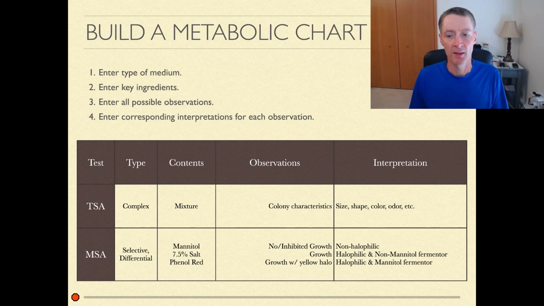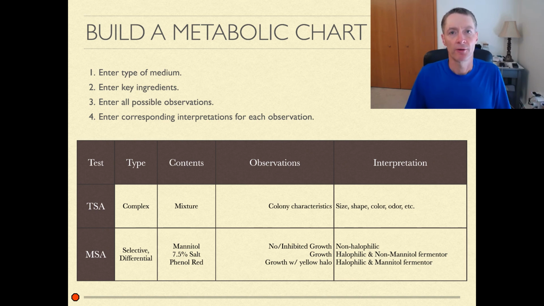But it is not fermenting the mannitol that happens to be in that plate. And the last thing is we could have growth with a yellow halo. This would indicate that there was a halophilic organism. It's a salt-loving organism, and it's also fermenting the mannitol in that plate.